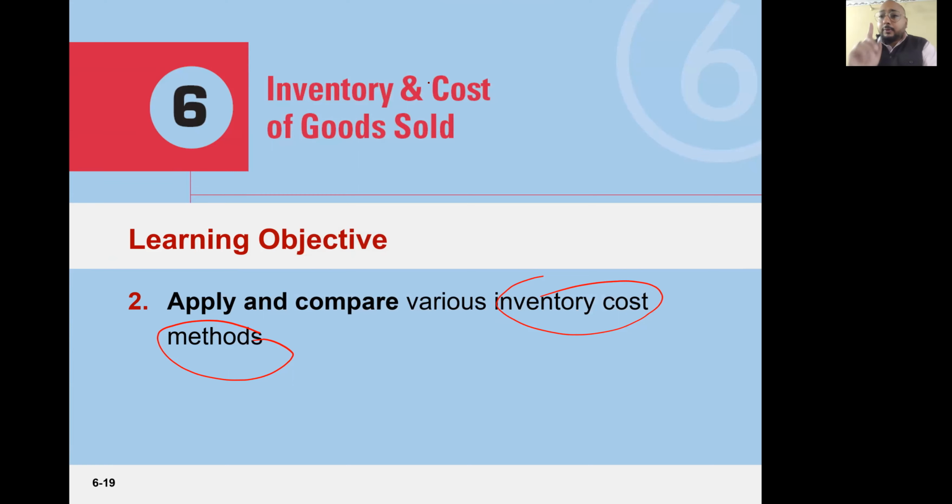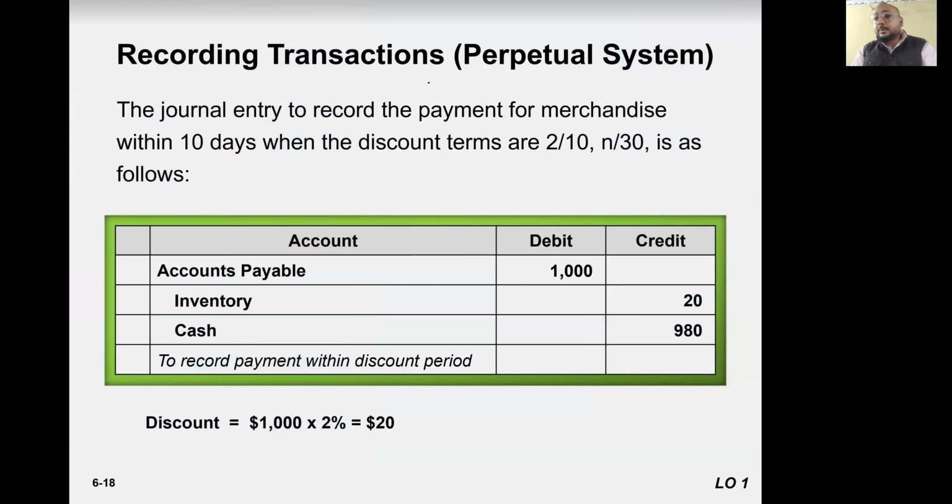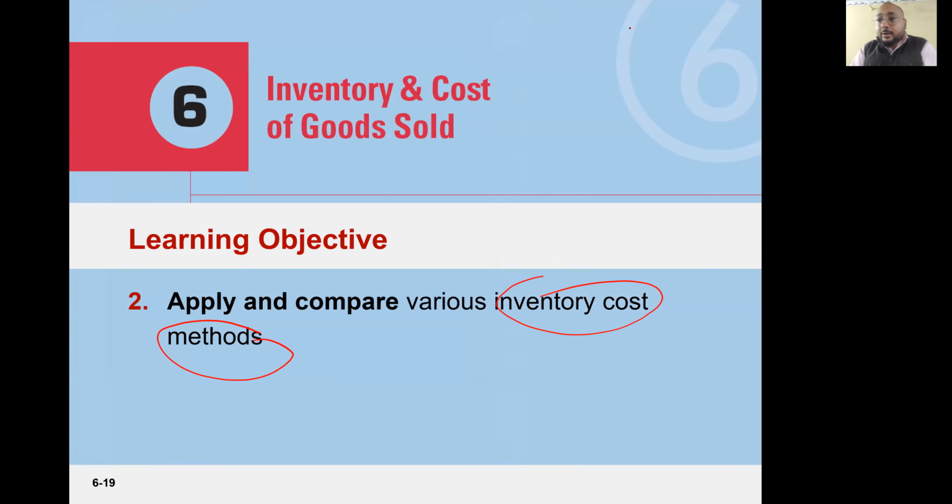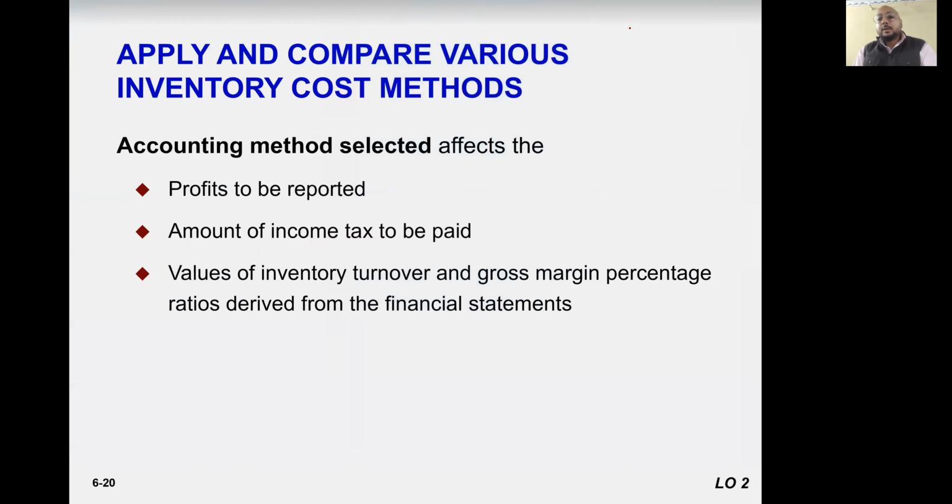No, the inventory management system is whether it is perpetual or periodic. And then inventory costing methods are different, right? So there are two methods. I think, yeah, three methods. So let's just talk about this.